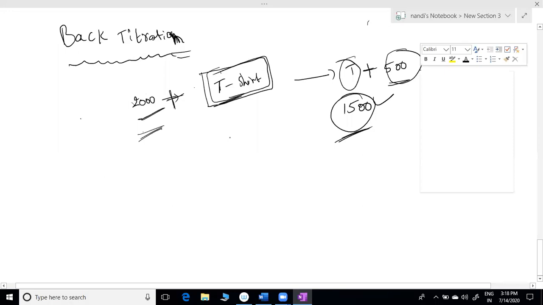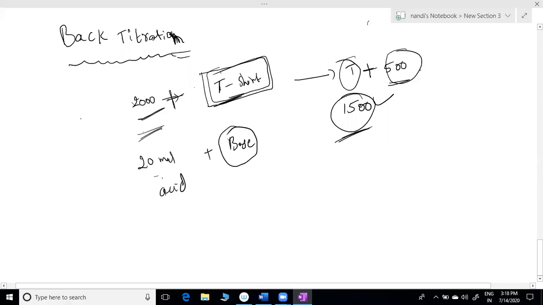I don't know how much base is here. I add 20 moles of acid, which is in excess. After the reaction, salt is formed, plus I got 5 moles of acid. So how much base reacted with acid, sir? 15. Is it correct?